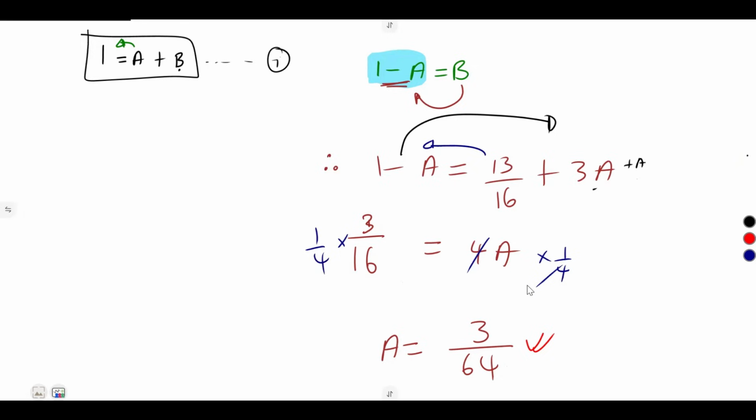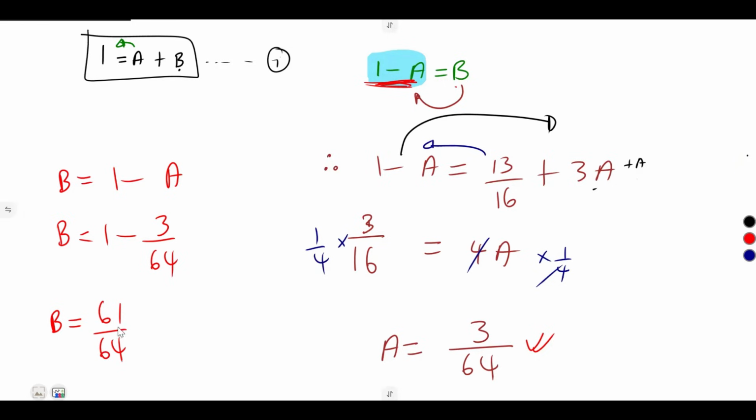You go back to equation 1, whatever equation that you are given, or you can even substitute directly where we've got b as the subject. Remember I said b is equal to 1 minus a. So therefore b is 1 minus the a that we calculated, 3 over 64. So that was going to give us the value of b, and that's 61 over 64.